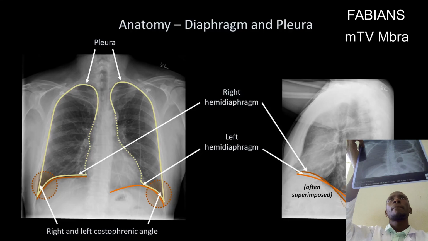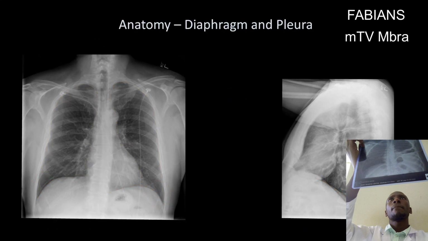We also have a small pocket of air visible on the left hemidiaphragm that represents air in the stomach, usually called a gastric air bubble. We shall see what brings that air-filled pocket in the stomach.